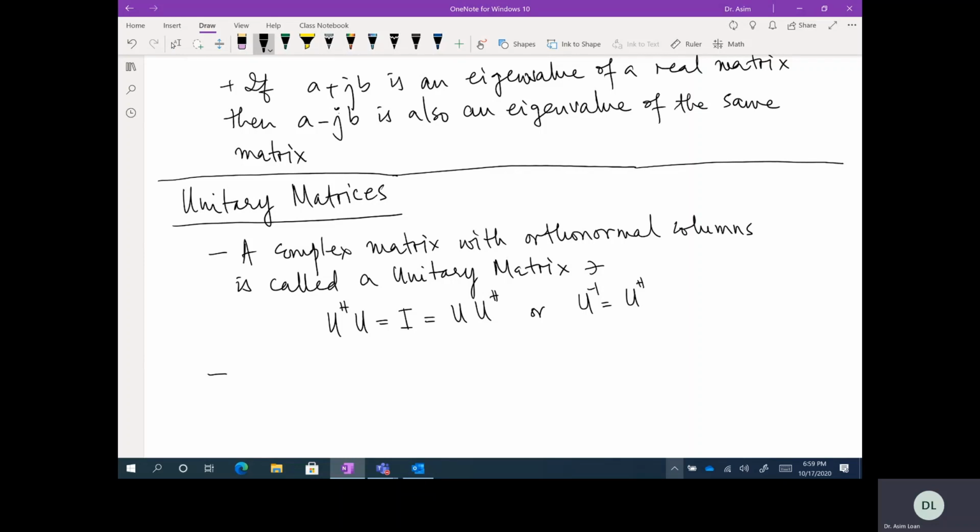Just like an orthogonal matrix preserves the length and the inner product, same is the case for the unitary matrices. So multiplication by U has no effect on inner products, angles and lengths.